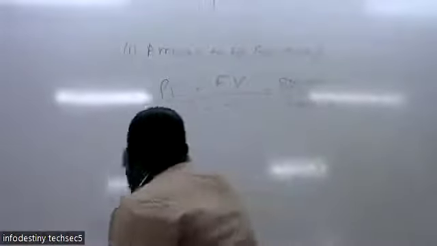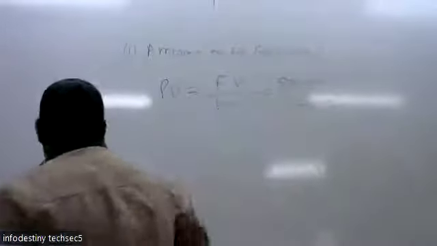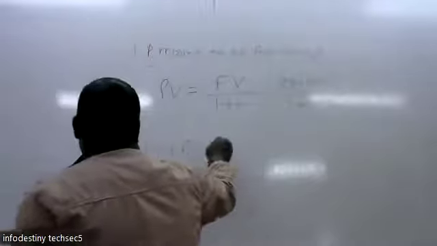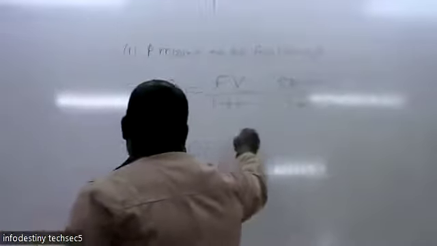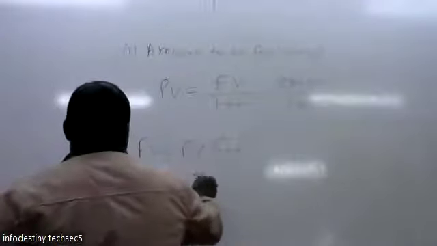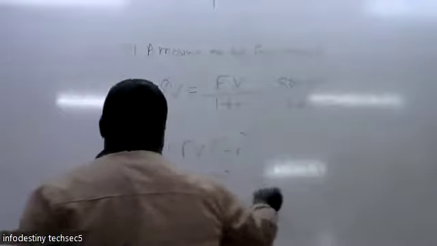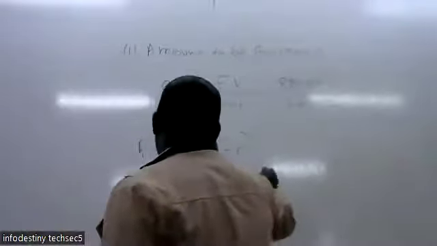So we get the future value with the present value times the brackets of 1 plus R. So what have you got? 42,857,160.